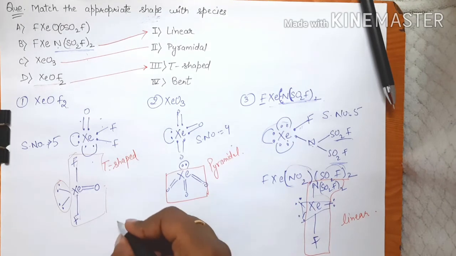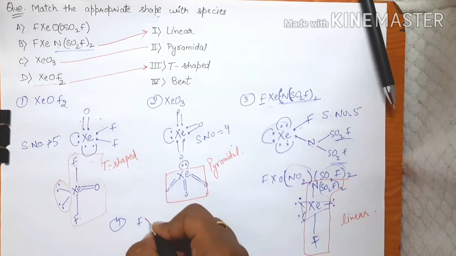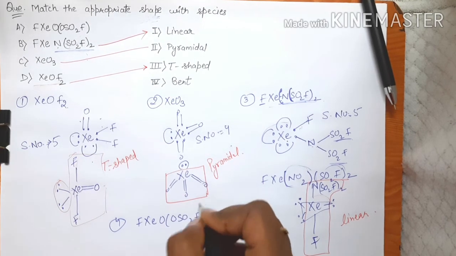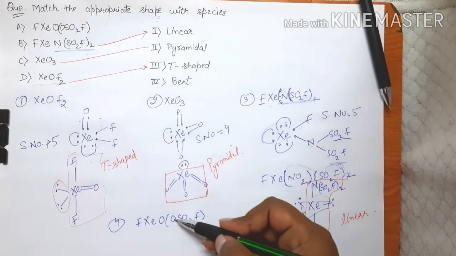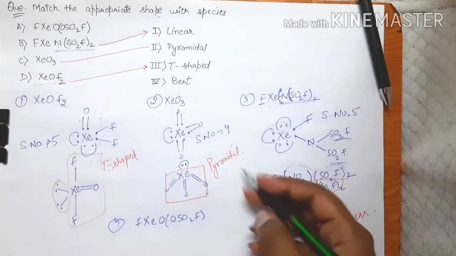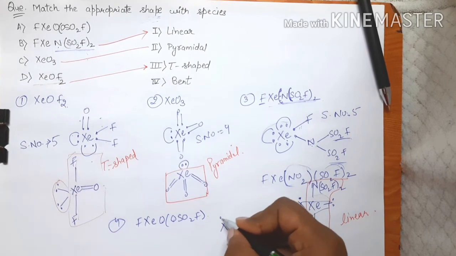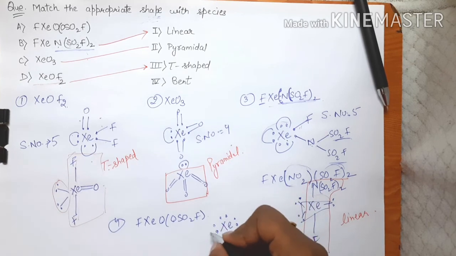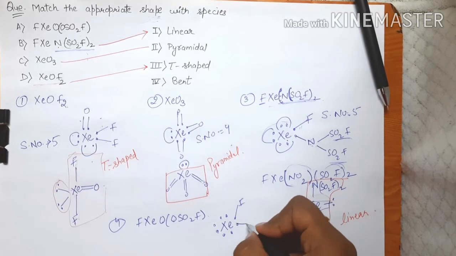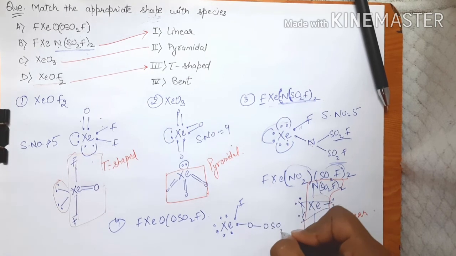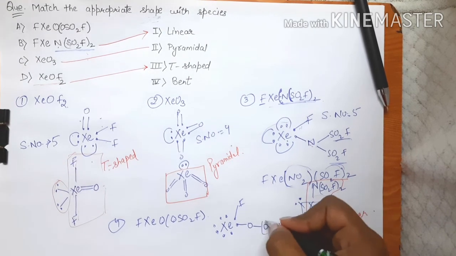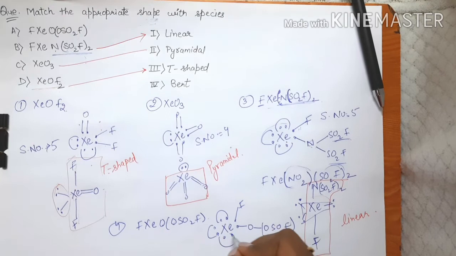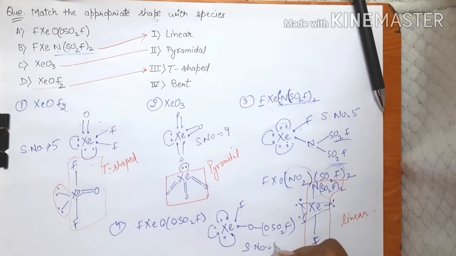Now moving on to the last molecule, which is FXeOSO2F. Here also this oxygen is attached with this oxygen. Okay, so the structure will be like this. Xenon will be having 8 electrons in the valence shell. One fluorine will be attached and one OSO2F group will be present like this. Okay, now these three lone pairs, here also the steric number is 5.